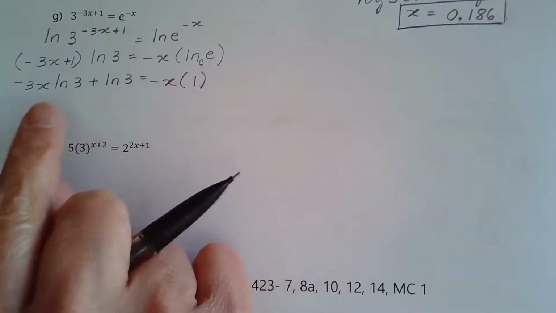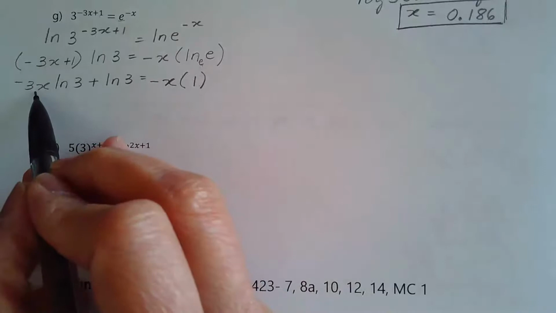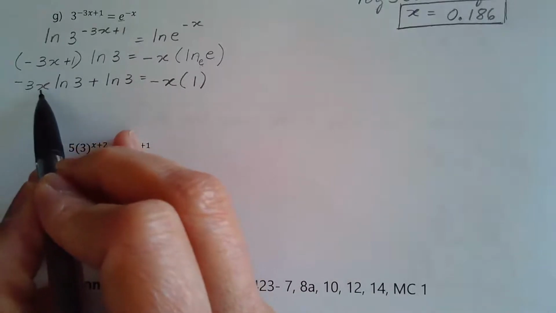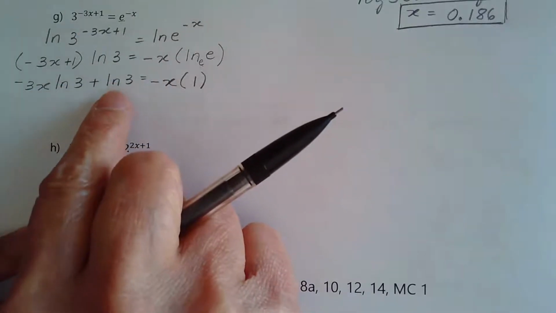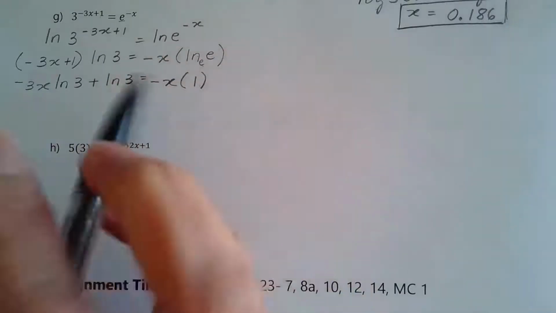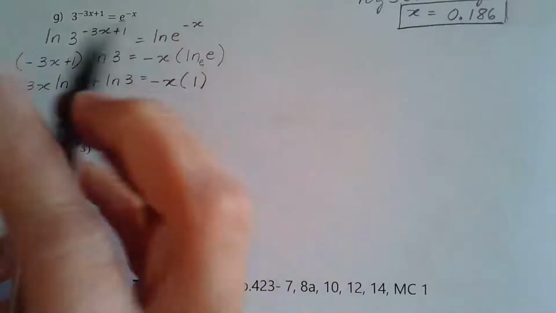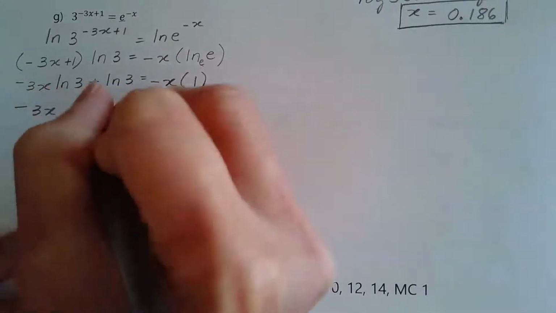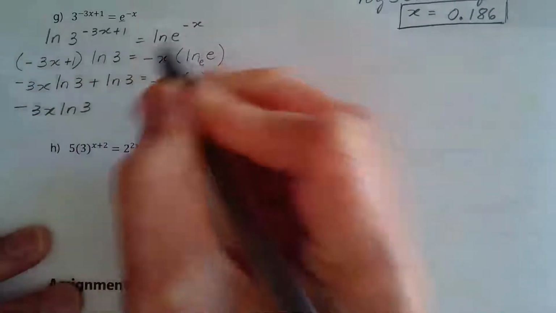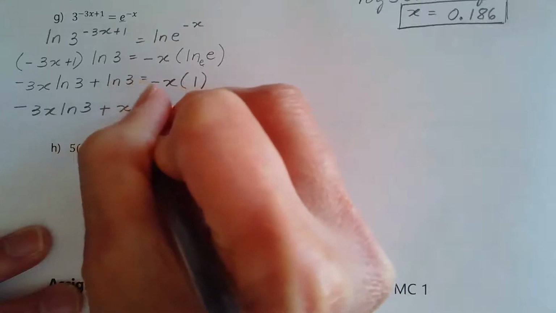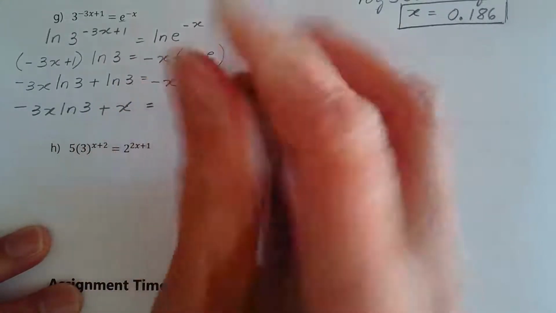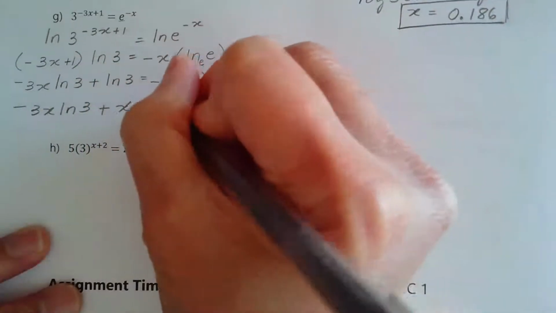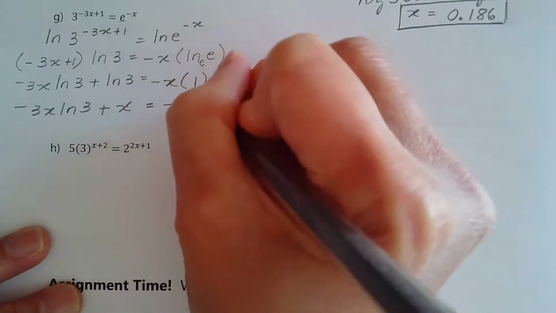That's great. So what can we do? The only x that we have is this part. So bring natural log of 3 to the other side, and bring this negative x to the other side of the equation. So negative 3x ln of 3 plus x, and then bring this to negative natural log of 3.